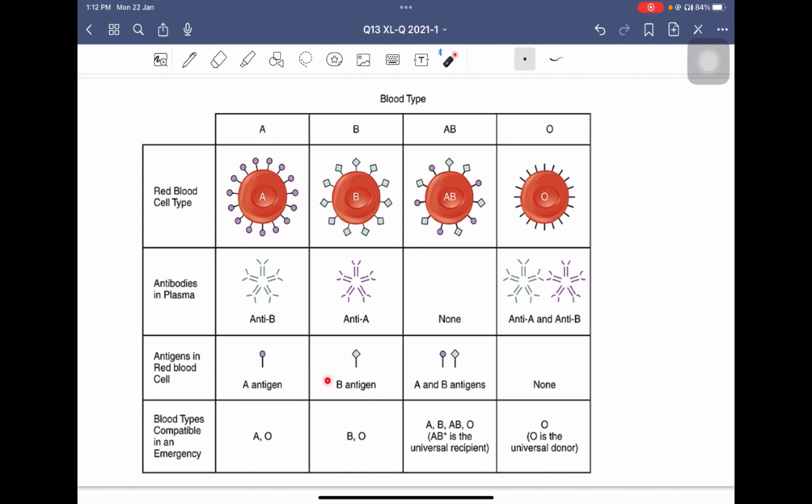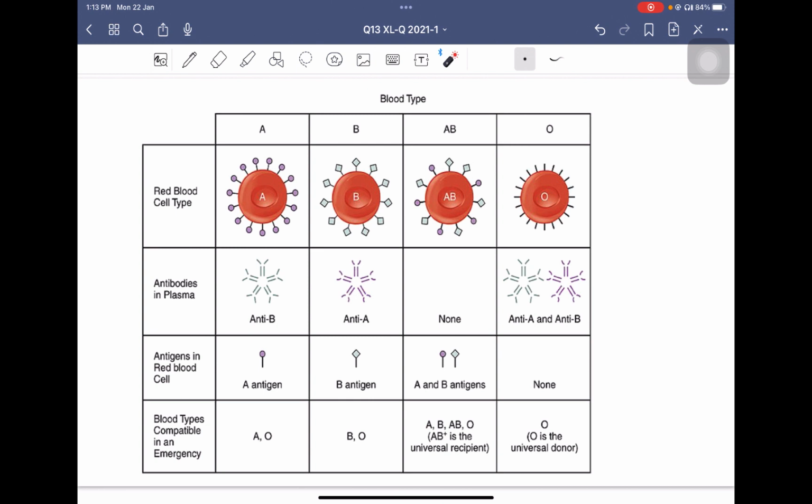Now, if B antigens are present on the RBC, then the blood group is B. Now, next is when A and B antigens both are present on the surface of the RBC. That is called an AB blood group. And when neither A nor B antigen is present on the RBC, that is called O blood group. So this is how the four different types of blood groups originate, depending on the surface antigen, A or B antigen.